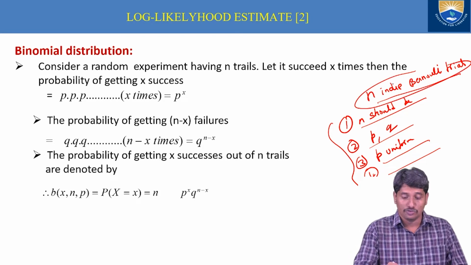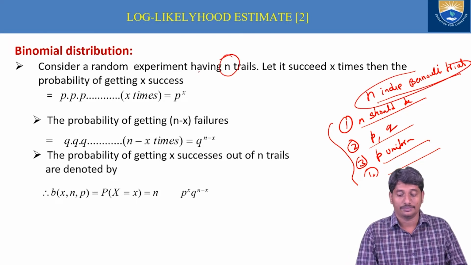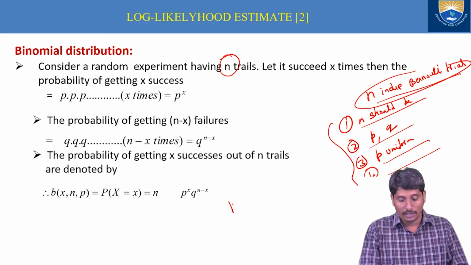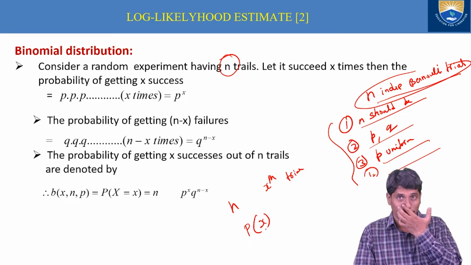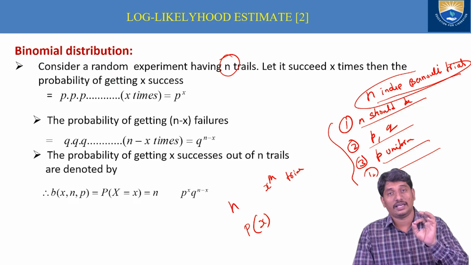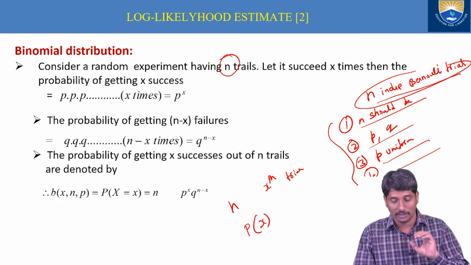Okay, suppose we have n Bernoulli trials and we want to calculate the probability that we will be successful in the xth trial out of n trials. That means we want to calculate the probability that I win in the xth attempt out of n attempts.